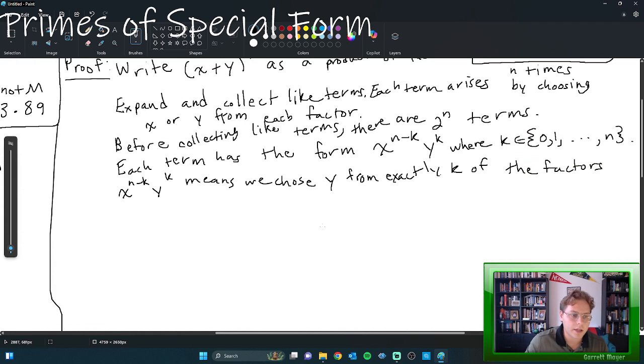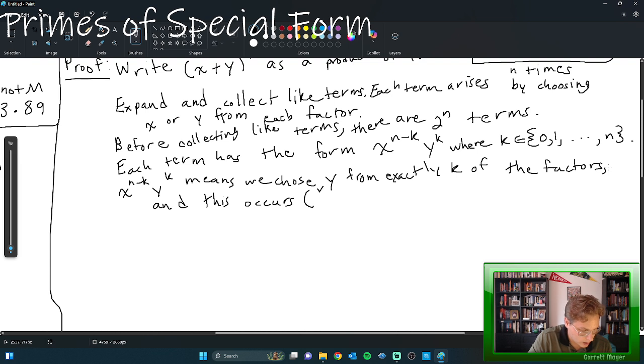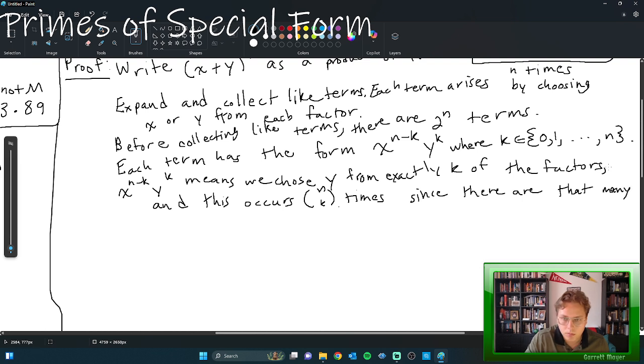So x to the n minus k times y to the k means we choose y from exactly k of the factors, and this occurs n choose k times, since there are that many ways to choose y from k factors.